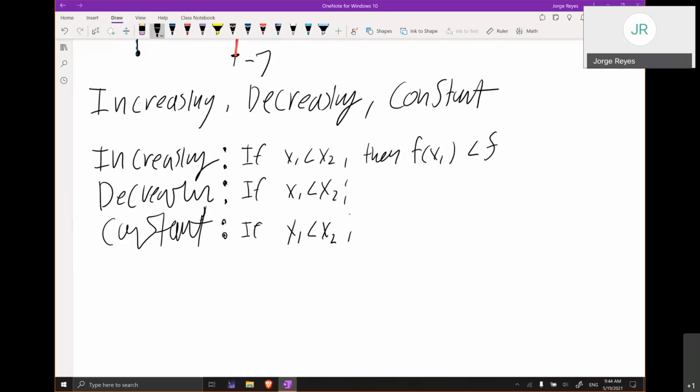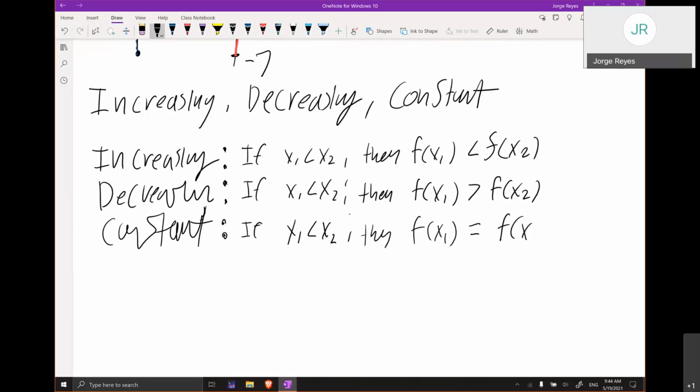Okay, so if f of x1 is less than f of x2, okay? But a function is decreasing if when you're following along, f of x1 is greater than f of x2. And then this one's probably the easiest, but a function is constant if when you're following along, you're not going up or down. You're just staying where you are, okay?